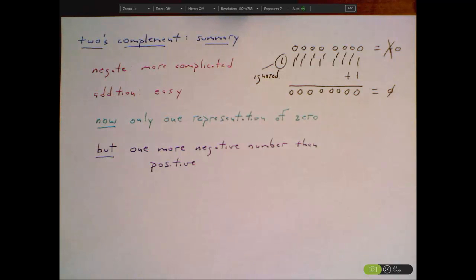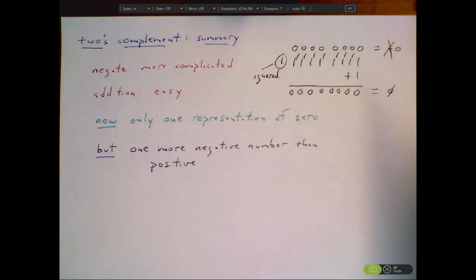But of course, if you think about that, that's got to lead to a different problem. For 8 bits or 16 bits or 32 bits or 64 bits or whatever, there's going to be 2 to the 8th bit patterns, or 2 to the 16th, or 2 to the 32nd, or 2 to the 64th, but it's going to be an even number of bit patterns.